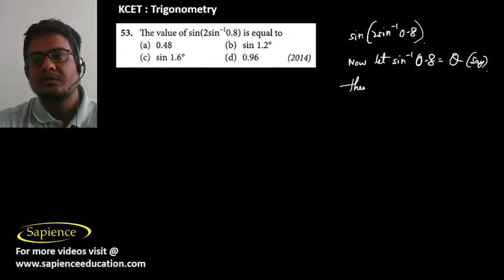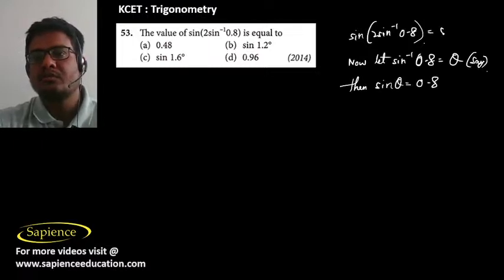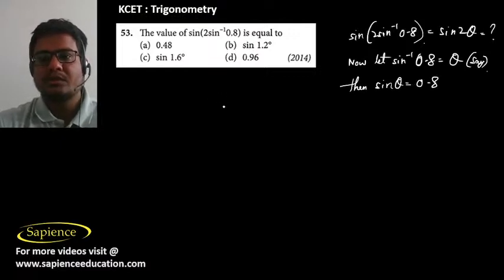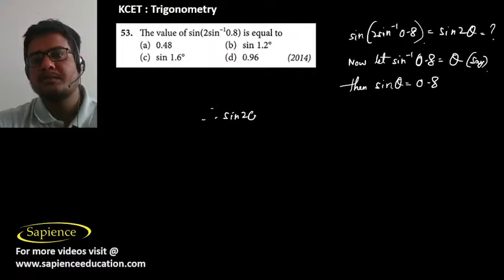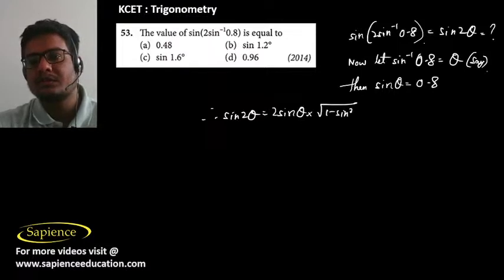So then sine theta is equal to 0.8, and we have to find sine 2 theta. Sine 2 theta is equal to 2 sine theta into cos theta. Cos theta we can write as square root of 1 minus sine square theta. So that will be equal to 2 into 0.8 into square root of 1 minus 0.8 whole square.